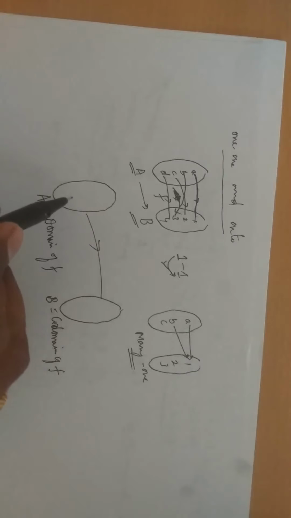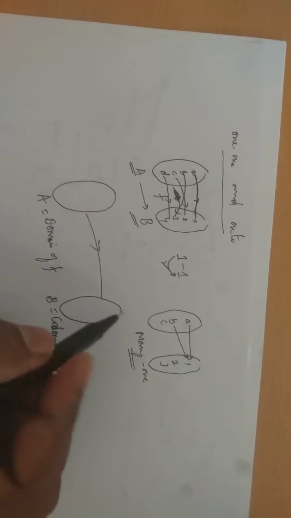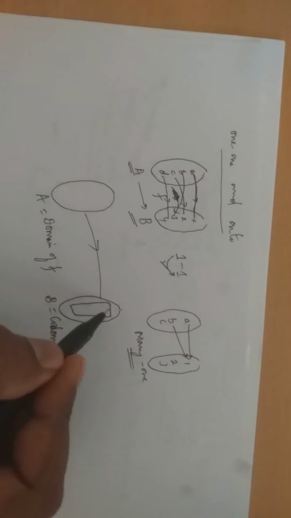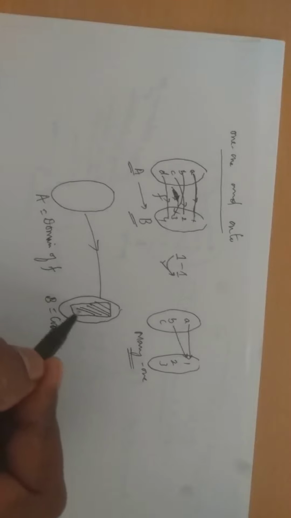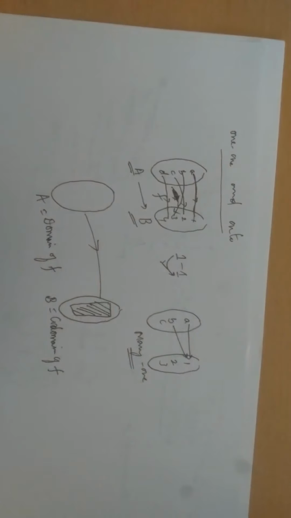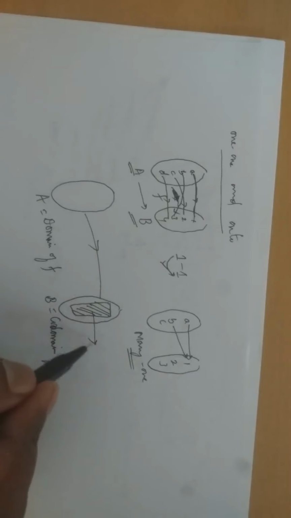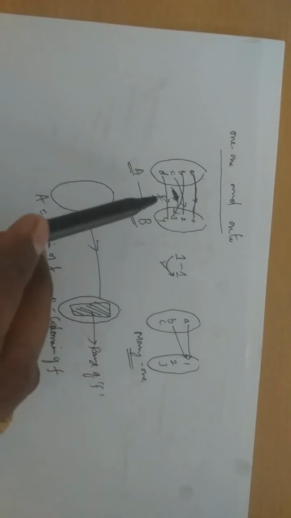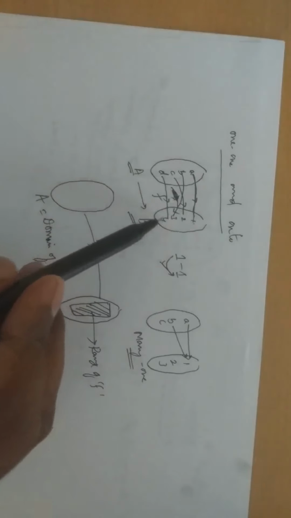It's not necessary that every element of this codomain should be mapped. A few elements may be left, and you can consider a portion of it for the construction of the function. In that case, this is called the range of f. For example, here the range of f is 1, 2, 3, 4.